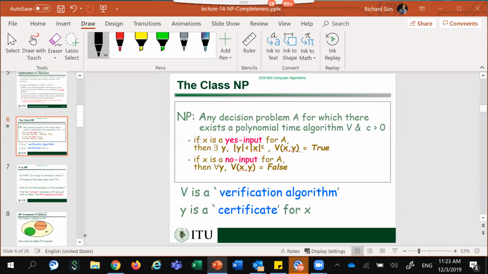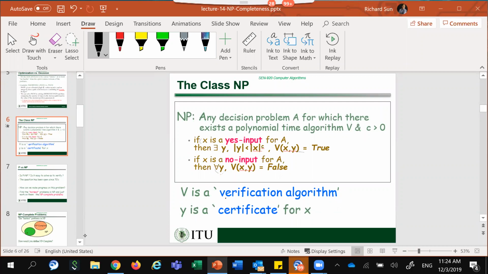Now if x is a no problem instance, meaning this decision problem instance x has the answer no, then this algorithm V that runs in polynomial time will take x and all the other guesses of the solution, and it will correspondingly answer false.